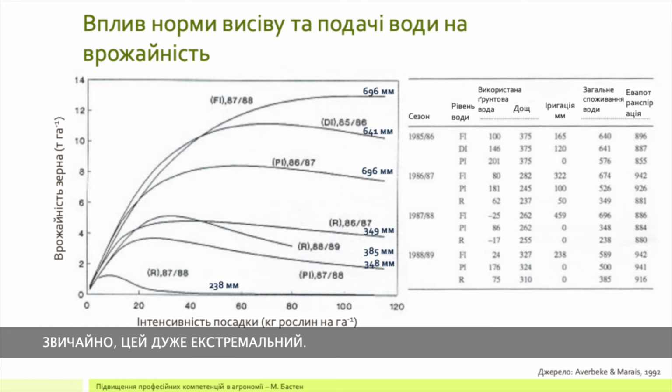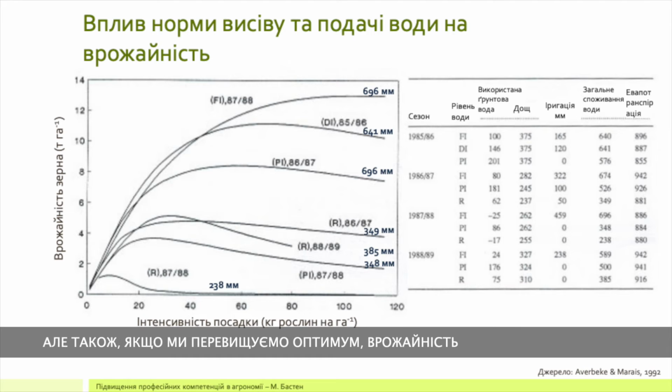Of course, this one is very extreme, with only about 238 millimeters. It can bear only a very, very low plant density. That's, of course, not applicable to your condition there. That's probably a very, very dry site, not yielding even 2 tons. So that's out of question. But also here, where we are higher with our water supply, 350 to 400 millimeters, we see that the optimum plant density is, of course, significantly lower than at the high yielding sites.